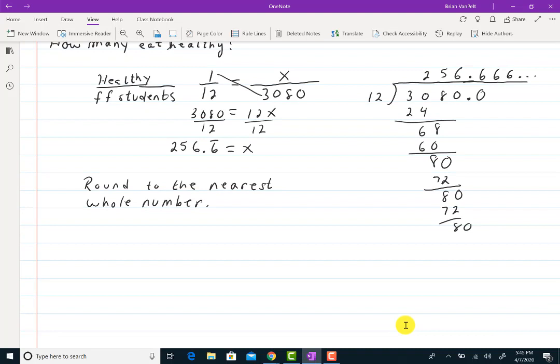So when I do this, I look at my 256.6 with a bar over it, and the digit I'm interested in rounding to is the one that's circled. The one after it is more than 5, so you round up. So what do we get? 257 students order healthy.